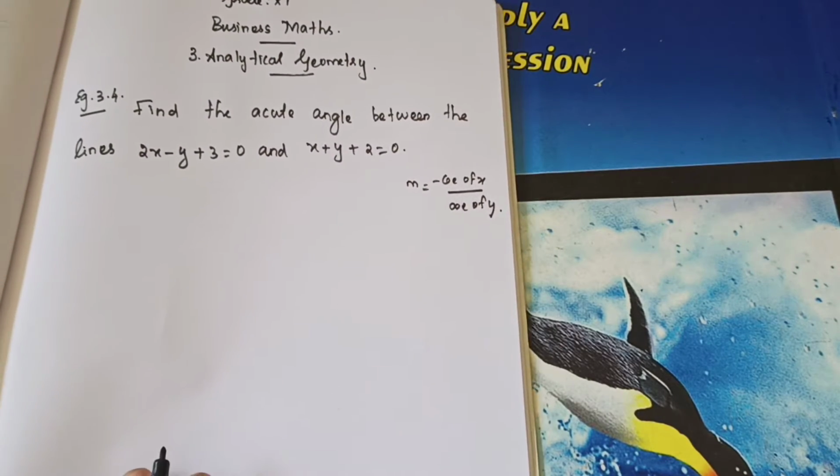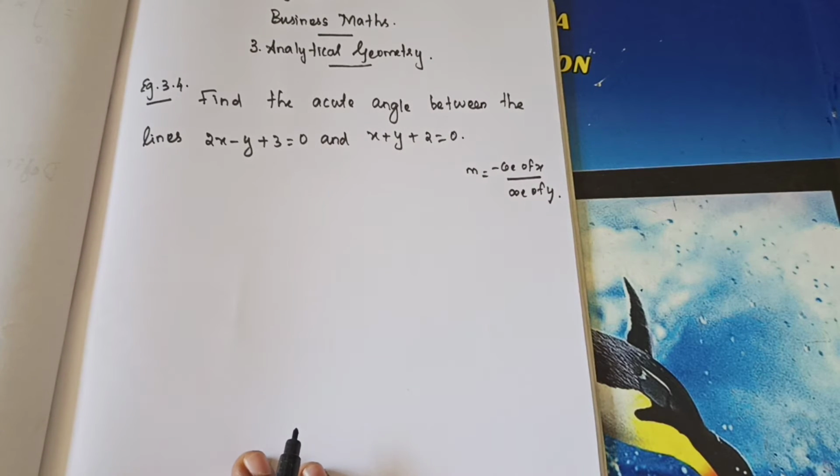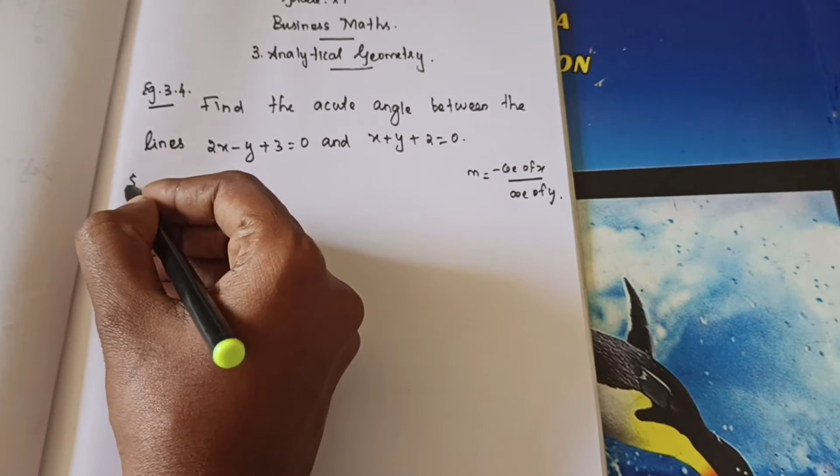The same thing we are going to use here. They gave two equations. From the first equation, take the slope as m1, and from the second equation, take the slope as m2. After finding m1 and m2, if you substitute in the tan theta formula, you will get the answer. Understand, students?